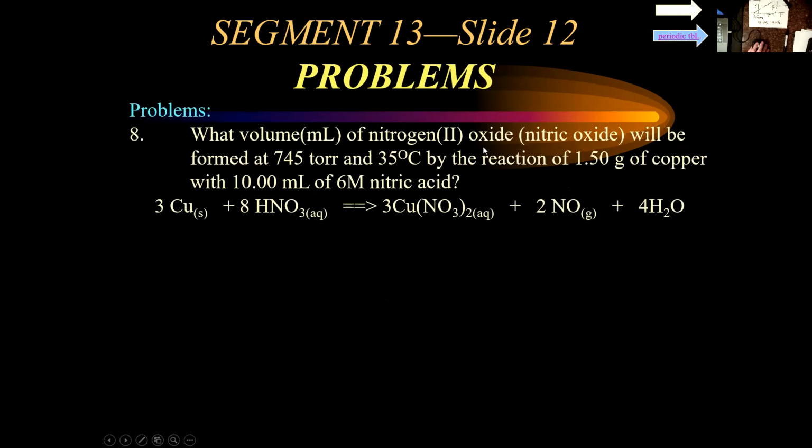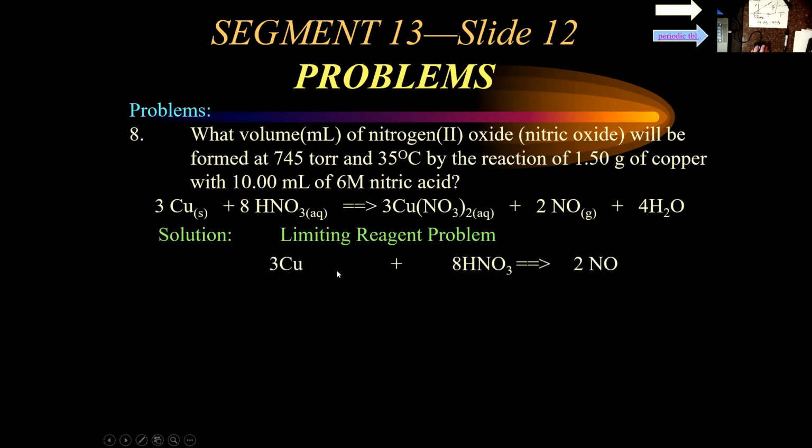What volume of nitrogen dioxide will be formed at 745 torr and 35 degrees by the reaction of 1.5 grams of copper with 10 milliliters of 6 molar nitric acid? This is the balanced equation for that reaction. And again, we've got a limiting reagent problem.